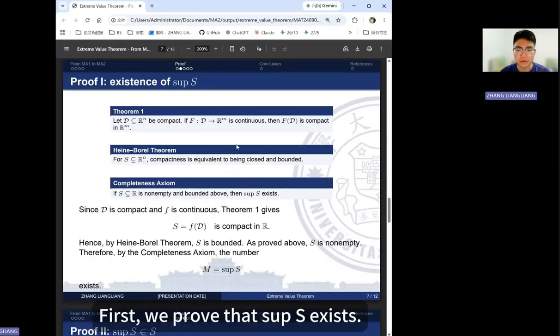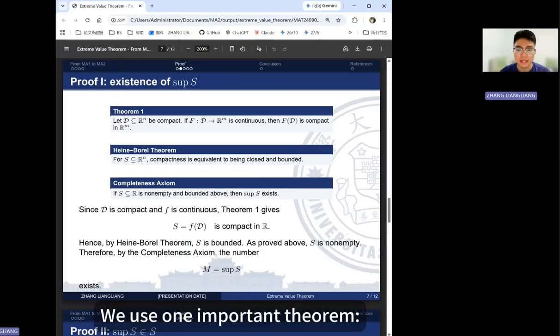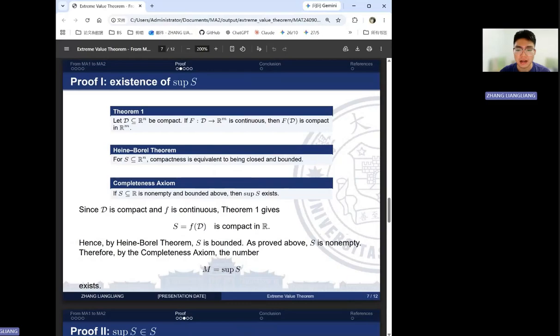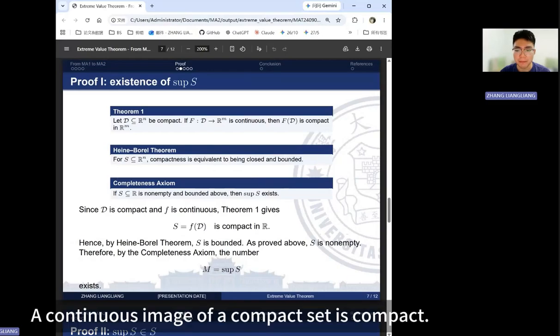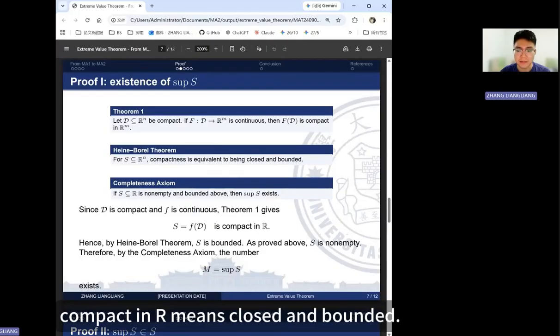First, we prove that sup S exists. We use one important theorem: a continuous image of a compact set is compact. Here, D is compact. The function f is continuous. So S is compact in R. By the Heine-Borel theorem, compact in R means closed and bounded.